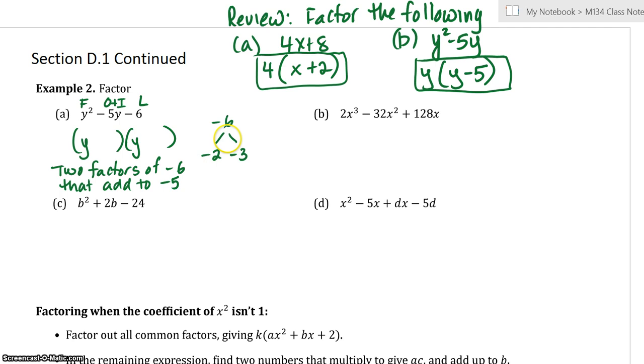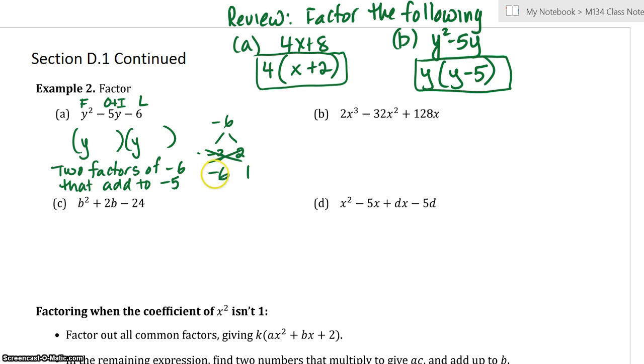But notice that does not work because this multiplies to 6. We need 2 factors of negative 6. And if we make one of those negative, well, let's just show that. If we make one of those negative, to make the negative 6, you don't get 5, you get negative 1. So you're really looking at 6 and 1.